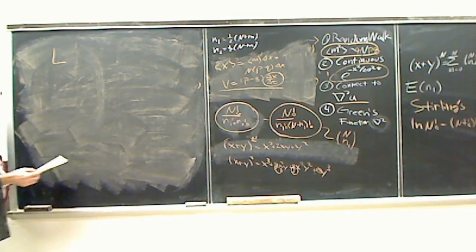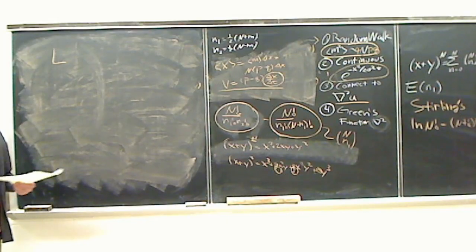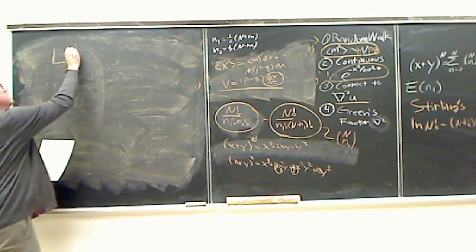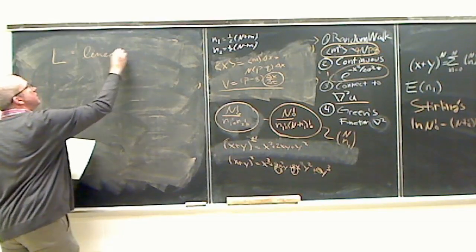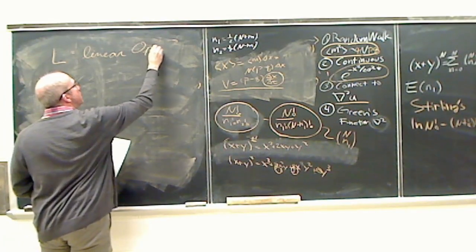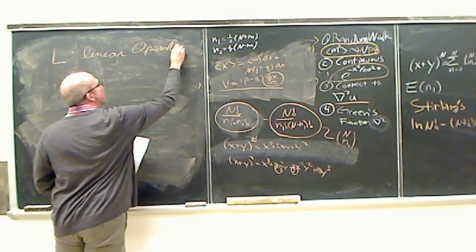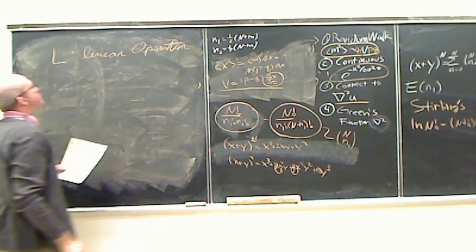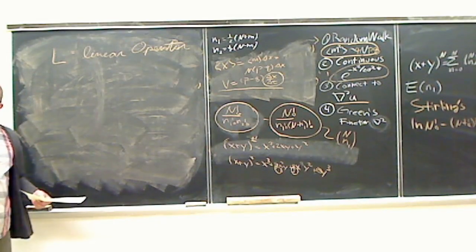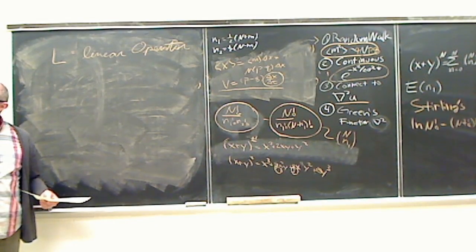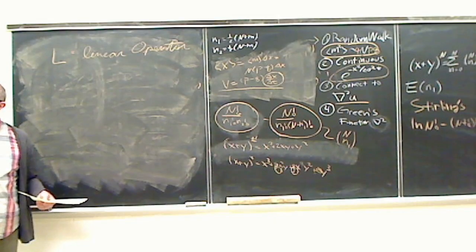I have some linear operator L. What does it mean when I say a linear operator? It's a linear relationship. You can distribute it.